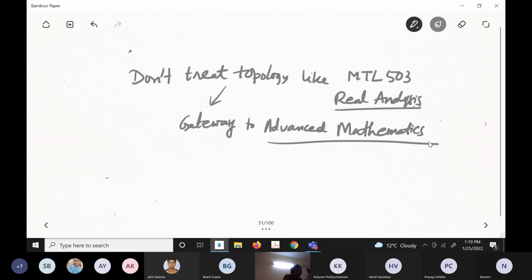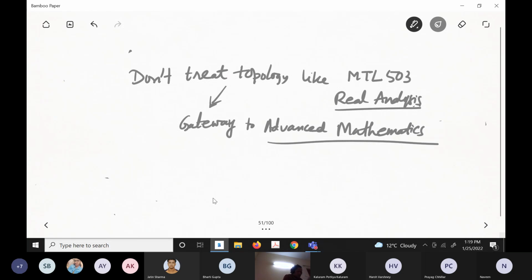So you should take this course a little bit seriously. By doing some advanced mathematics, you don't only learn that subject, you mature yourself. You learn some techniques, and when you get that maturity, it may help you in other subjects like functional analysis also.